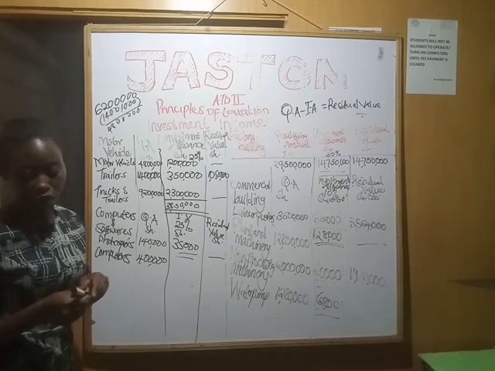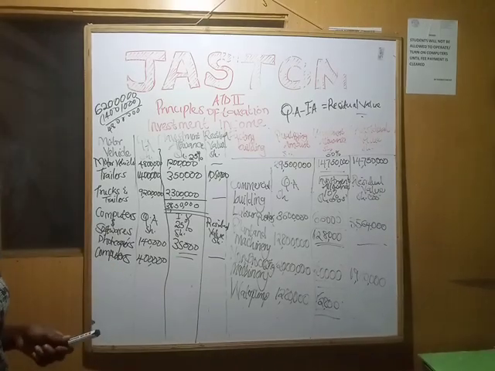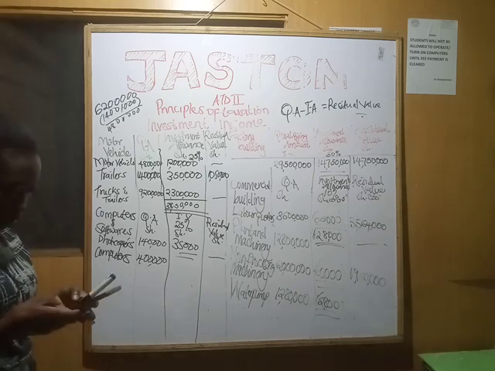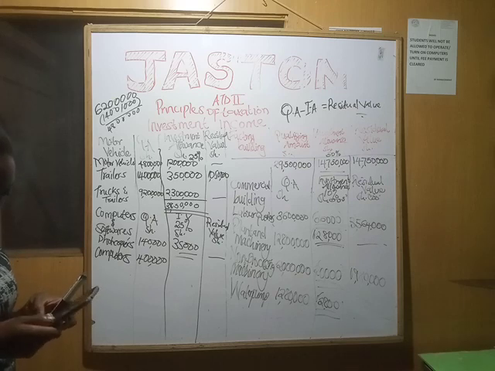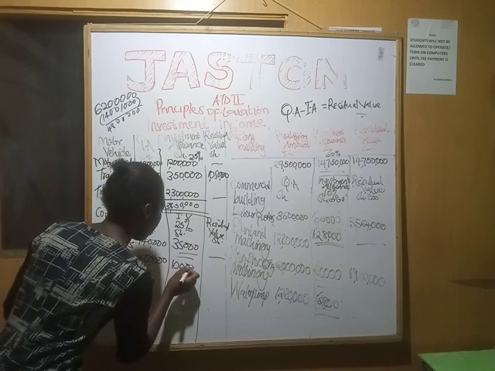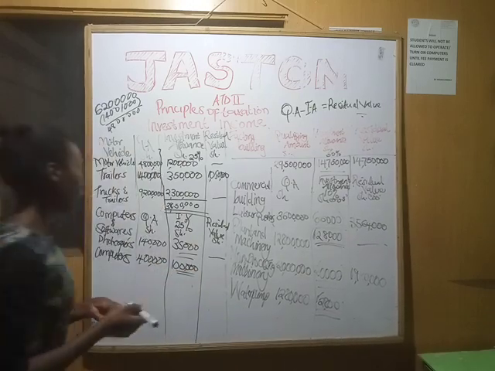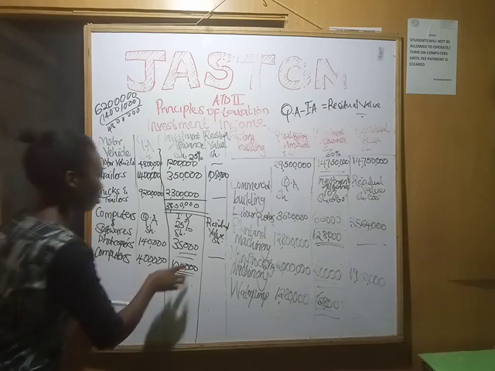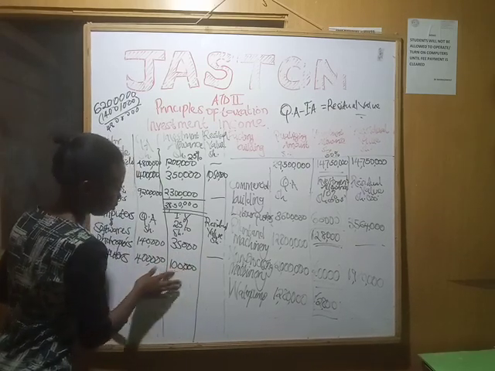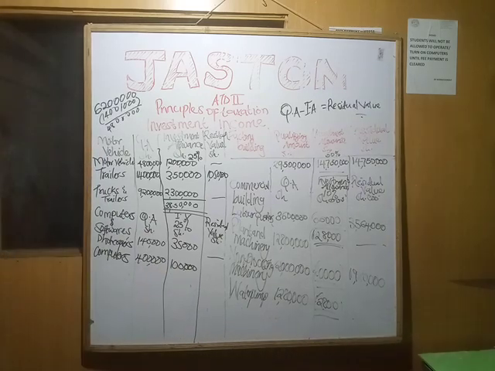So we take 25% of 400,000, which is 100,000. Let's not incorporate the finishing lines, we finish first.